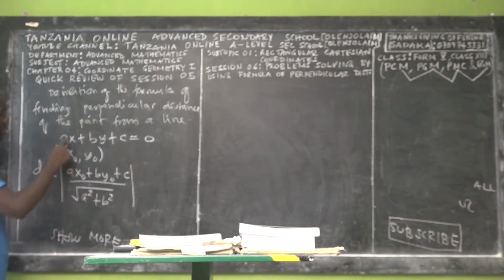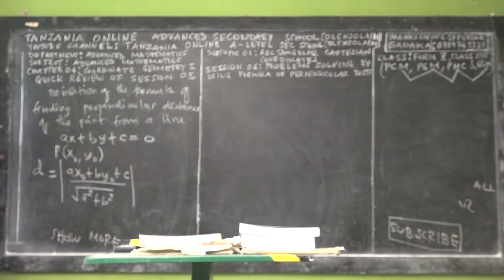This is the general formula. The line has the equation ax plus by plus c equals 0, and the point P is (x naught, y naught). Finally, this is the general formula, where the values of x naught and y naught are given. We know the equation also.